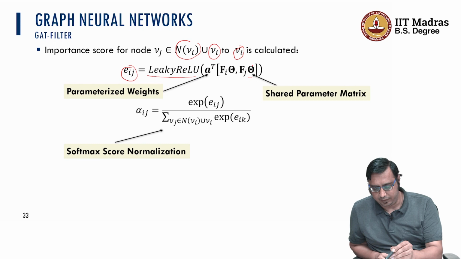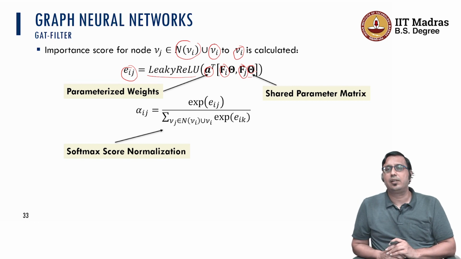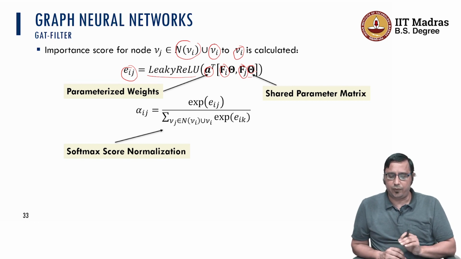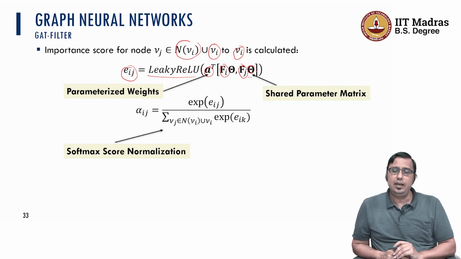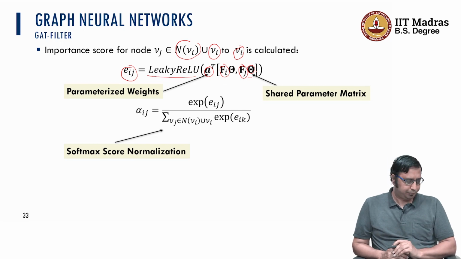One shared parameter is theta, another shared parameter is A, and Fi and Fj are the feature vectors for the Vi and Vj nodes. And in this manner, we get Eij, which is the importance score.